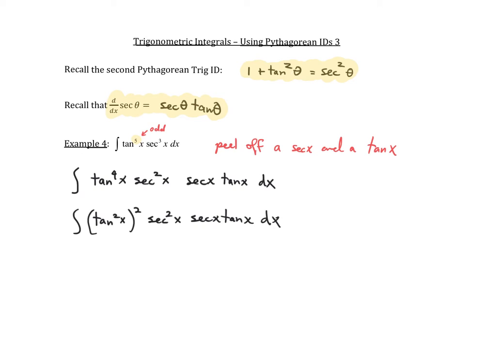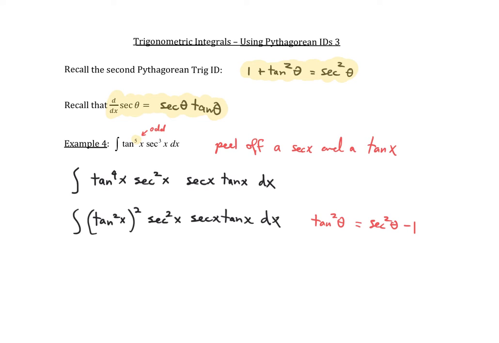Now, I want to use this second Pythagorean identity, and I'm going to manipulate it slightly. I'm going to isolate the tangent squared theta. So I'm going to utilize the fact that tangent squared theta is really going to be equal to secant squared theta minus 1.